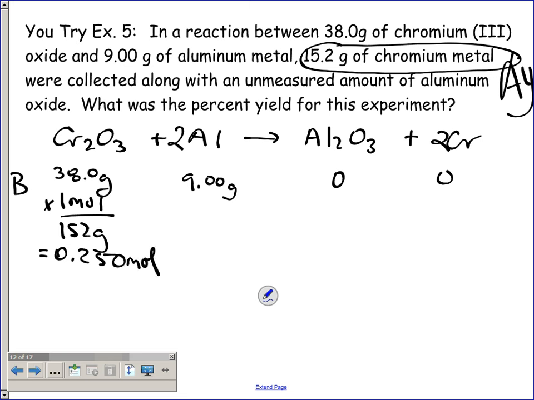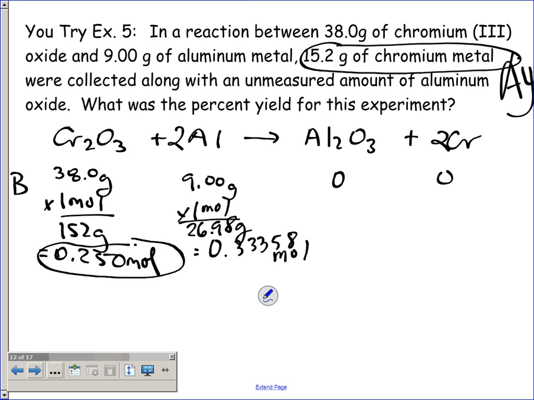And then 9 grams of aluminum. 1 mole of aluminum weighs 26.98 grams. That's, and I'm going to record a couple decimals here, 0.33358 moles. Because I know you guys can convert these, I have done this part, and if you're calculating with me, you can verify.